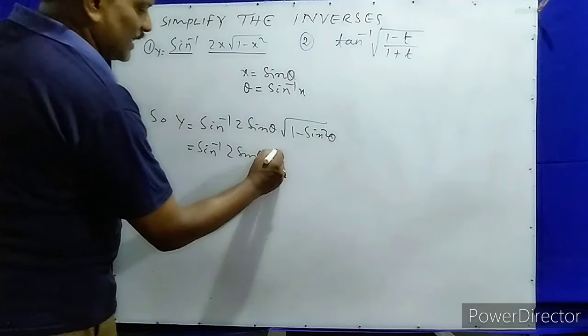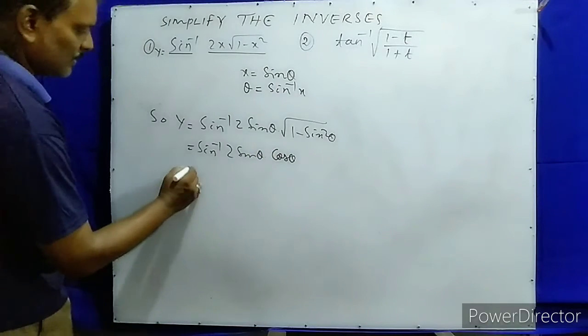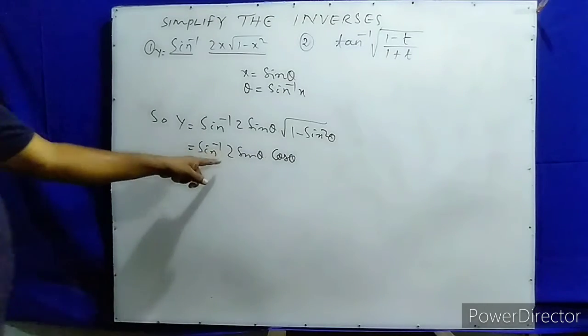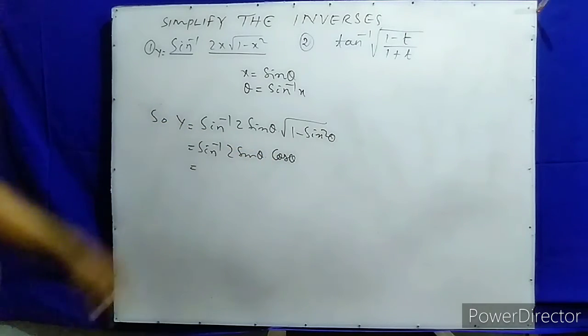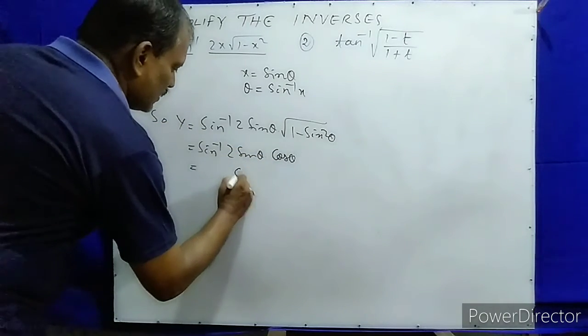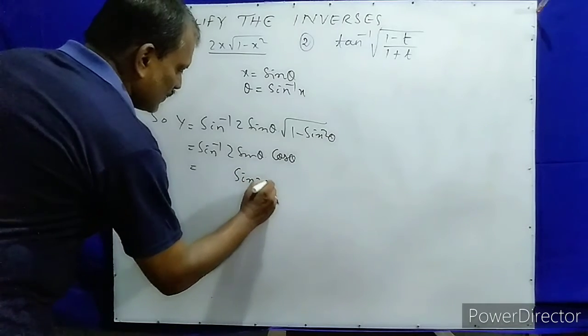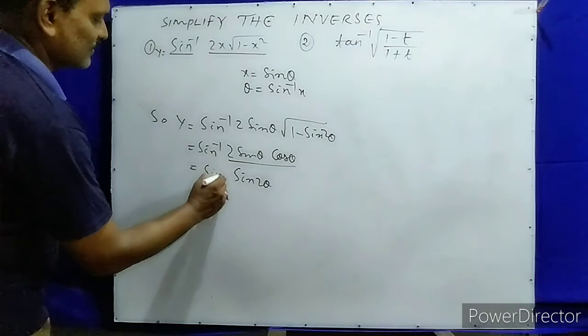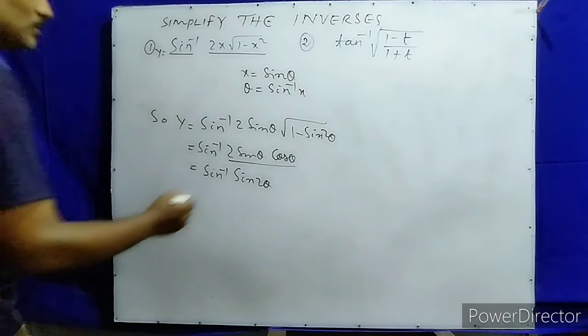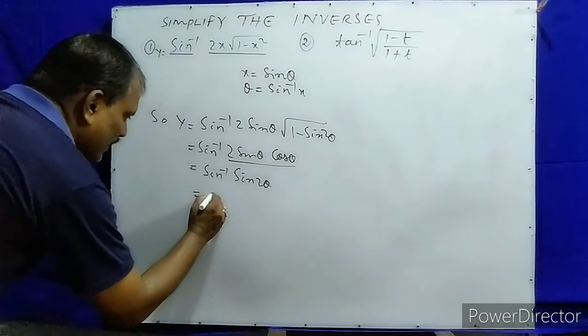Root over cos square theta equal to cos theta. Again there is the formula, 2 sin theta cos theta equal to sin 2 theta. So instead of this value you put sin 2 theta. Up to this mark it is sin 2 theta, and here is the sin inverse. So sin inverse will cancel, then you will get 2 theta.